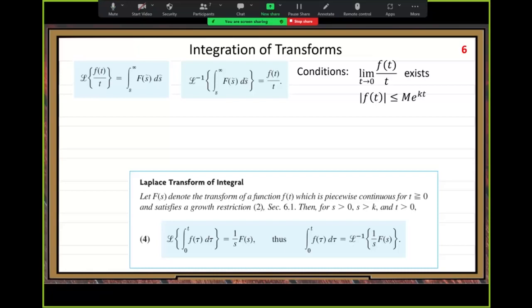And for the formula, you need to use s in the integral: that little s inside the integral should be greater than the k in this upper bound of the little f function. That's all the conditions you need. But for us, we can assume our functions are good enough.